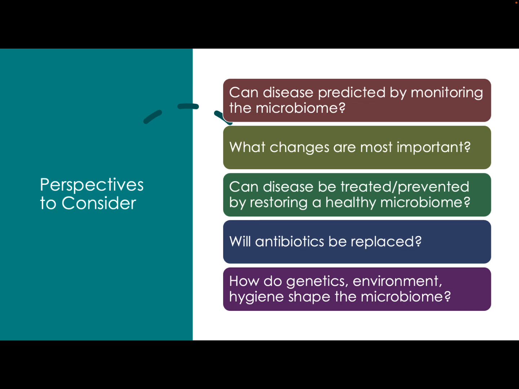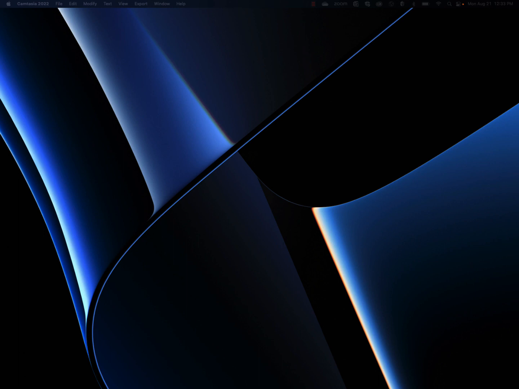Will antibiotics be replaced if somebody has an infection? Can you just give them normal microbiomes and get rid of the infection? How do genetics, environment, and hygiene shape the microbiome? So again, those of you interested in human health but don't actually want to work with people, there are a lot of options for you to look at the human microbiome.